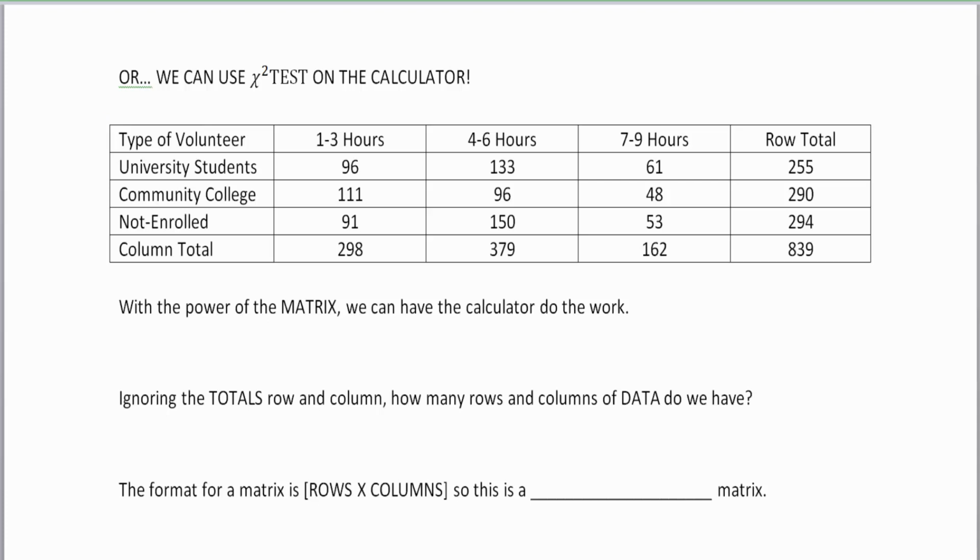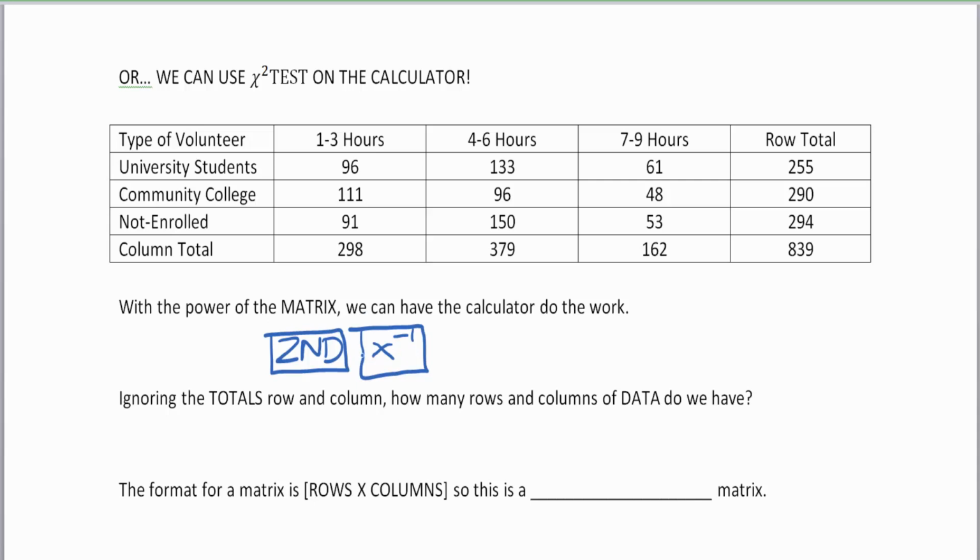If we really want to just get to the direct how-to, we can let the calculator do the work by understanding that there is a matrix function on the calculator. On most of the TI calculators, you hit the second button and then, above the x to the -1 power key, which I call the inverse of x key, the -1 exponent stands for inverse, is where you see the word matrix.